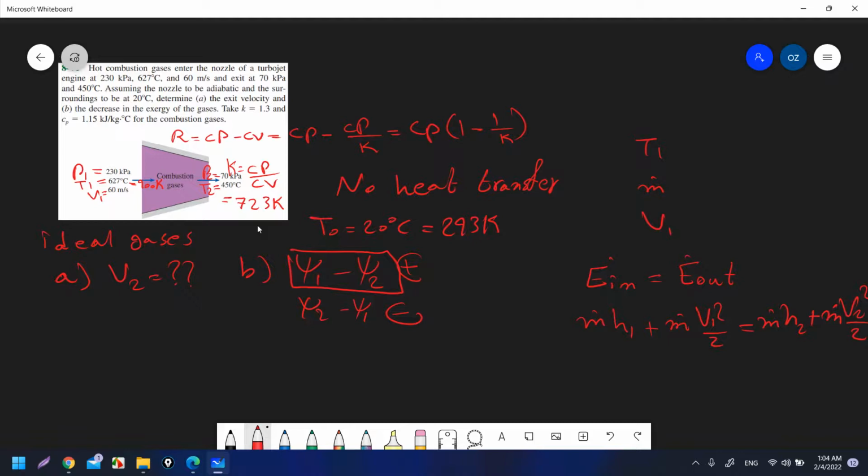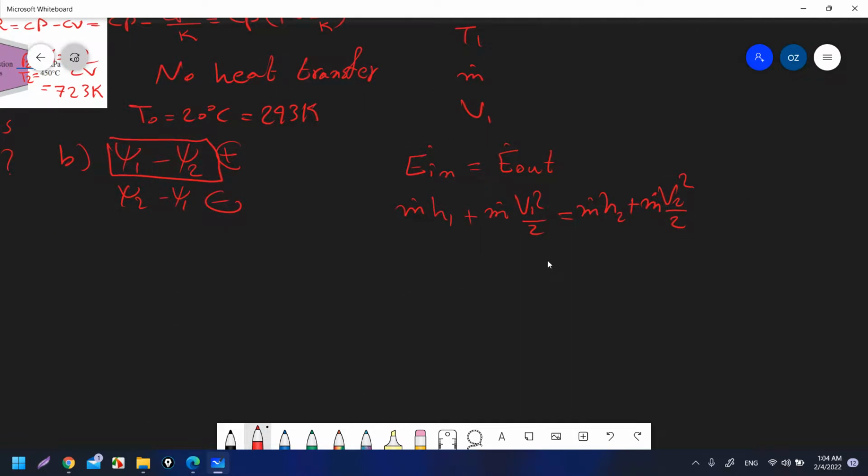Already we said in part B we will assume it is per unit mass, always psi or flow exergy is per unit mass, kilojoule per kilogram. So let's divide the whole equation by mass. So from the beginning I should have written E in equal to E out directly.